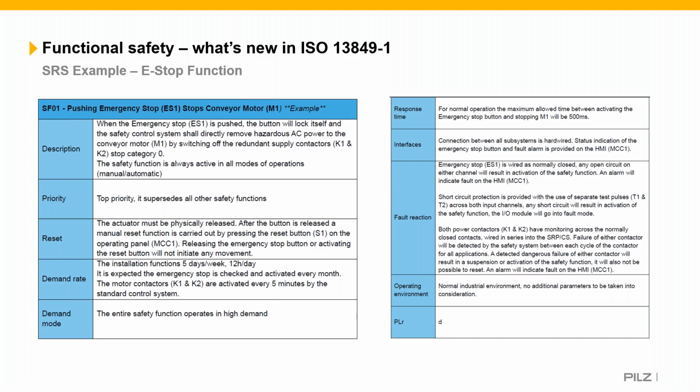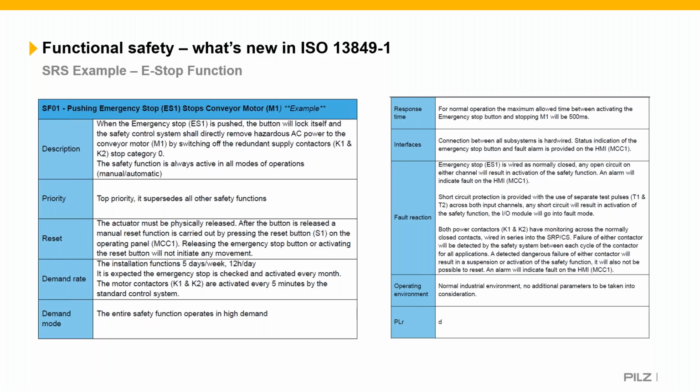Both power contactors have monitoring across the normally closed contacts wired in series to the safety relay control system. So failure of the contactors will be detected by the safety system. This is the feedback loop it's talking about. And a detected dangerous failure of either contactor will result in suspension or activation of the safety function. So it will bring everything to a stop and not allow a reset.